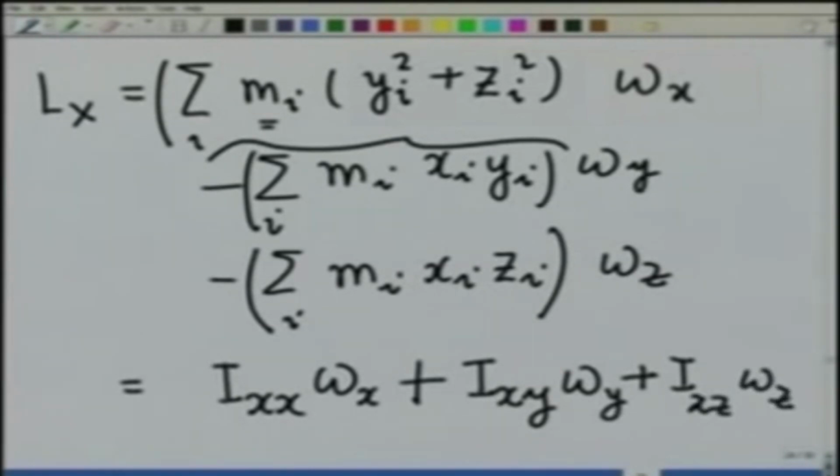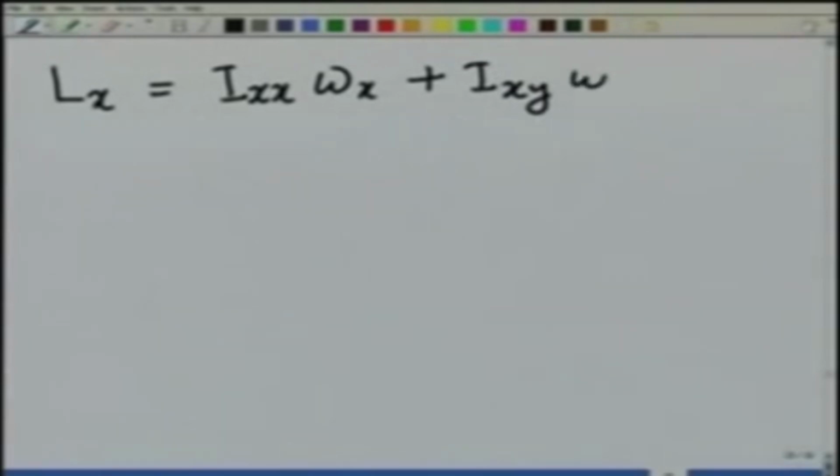So, you see the relationship between the x component of the angular momentum and the different components of angular velocity is slightly more involved. You can similarly do calculations for other components, and I will leave it for you to work out, so that you will find that Lx is Ixx omega x plus Ixy omega y plus Ixz omega z.